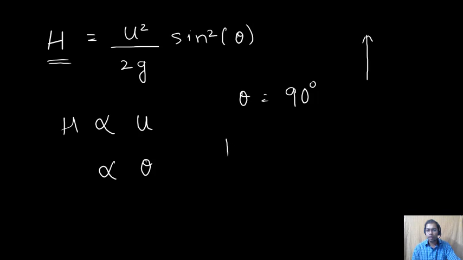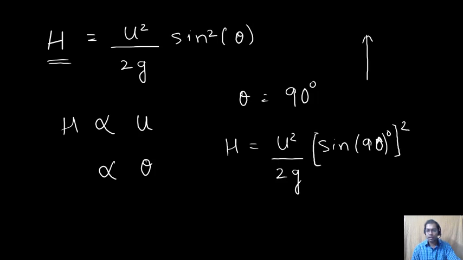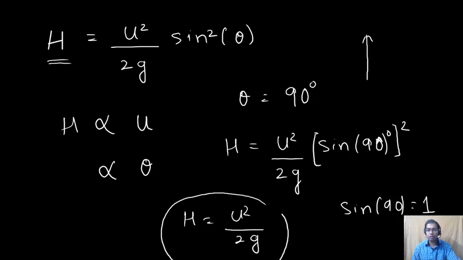So in that case, H will be equal to u square by 2g sine of 90 degree the whole square. Sine 90, as it is known in terms of trigonometry, is equal to 1. So therefore the maximum height will be nothing but u square by 2g. Now this is one useful relation when we are looking at competitive exams.